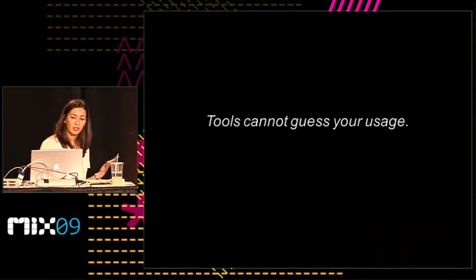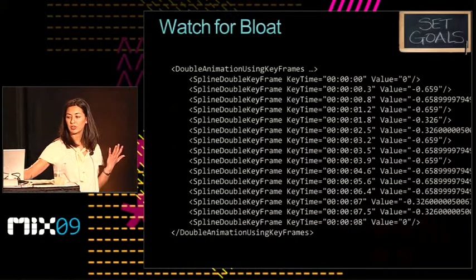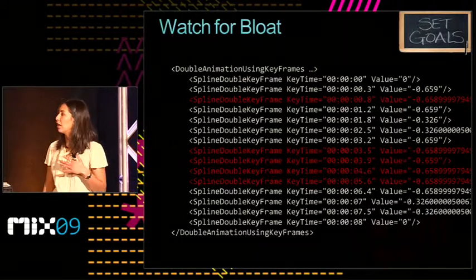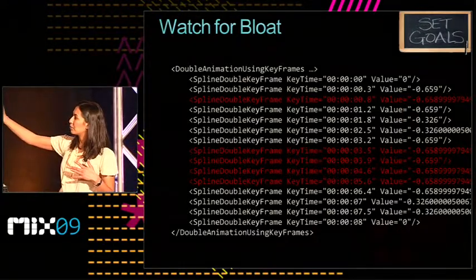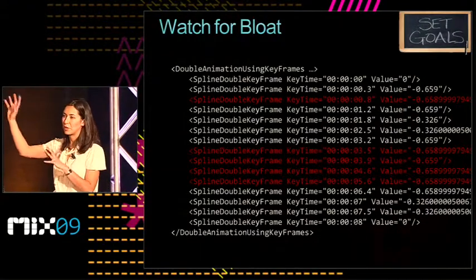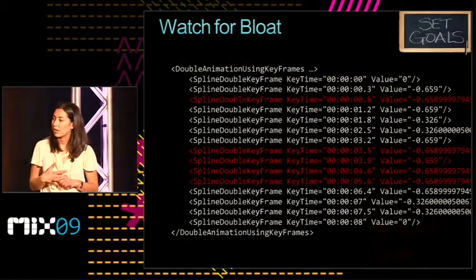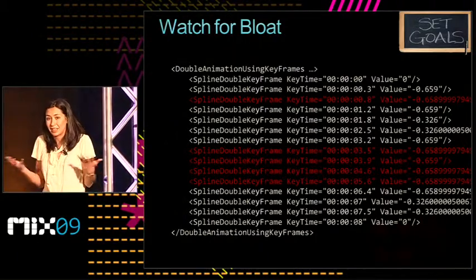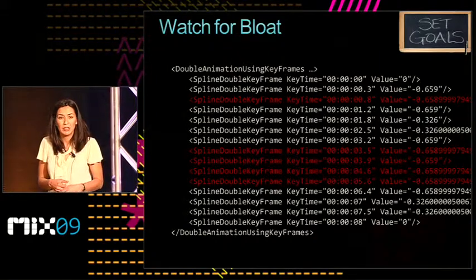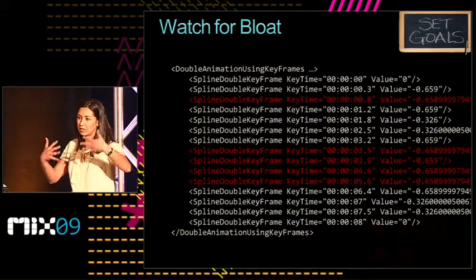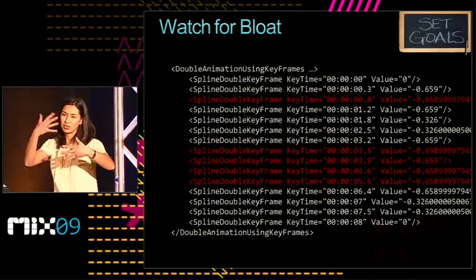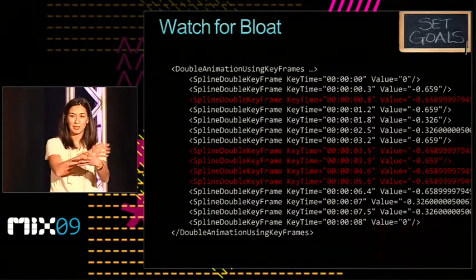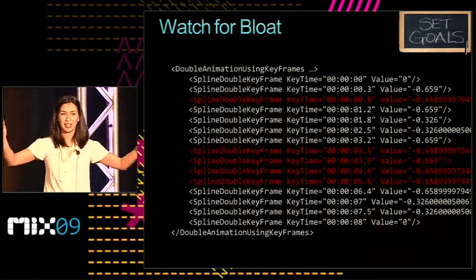Tools cannot guess your usage, and so it's always important to look at what your tool is outputting, right? Blend has fixed the problem with the higher number of decimal places. But we once got an application sent to us that was basically a couple hundred megs of XAML. It turned out that the way the designer was using the tool, they were copying and pasting splines that were sometimes used for animating this little character.